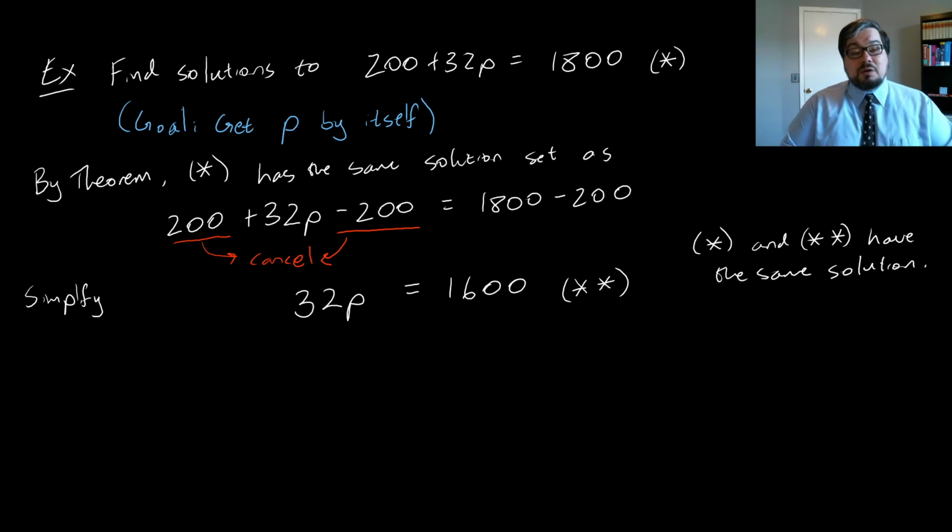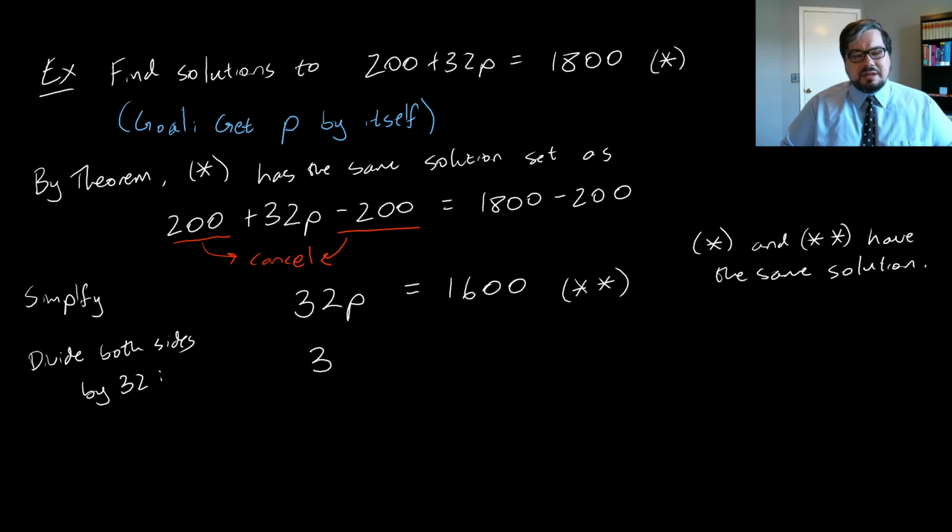And so that's what we're going to do to both sides of the equation. Again, by the theorem, doing that is going to give us a new equation with the same solution set as double star. So we're going to divide both sides by 32.